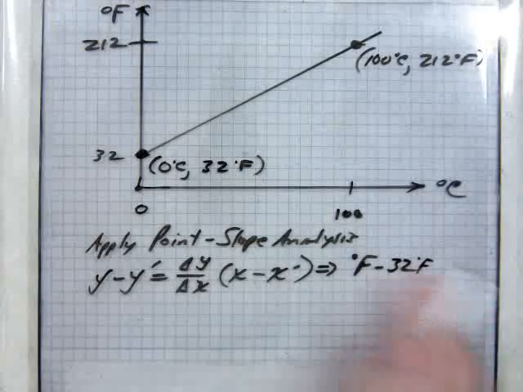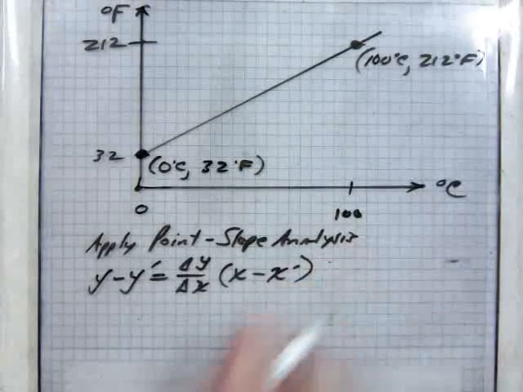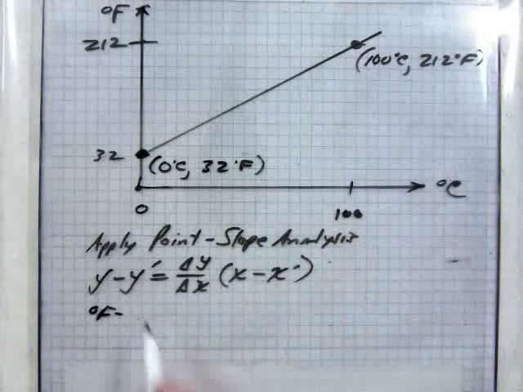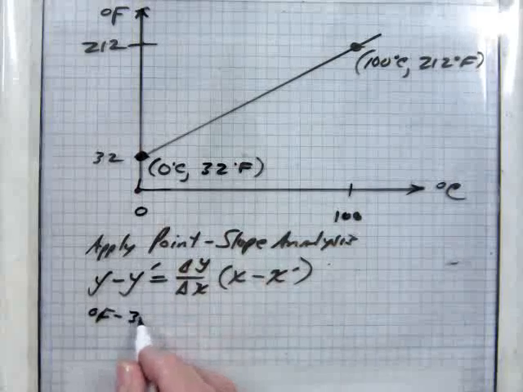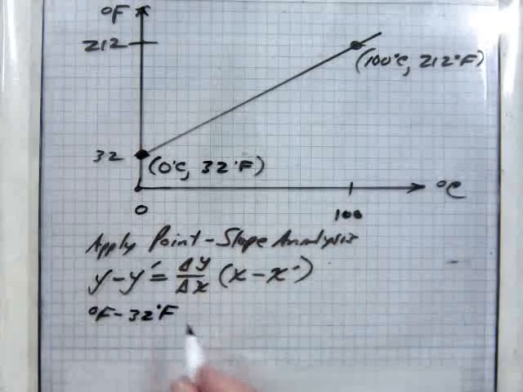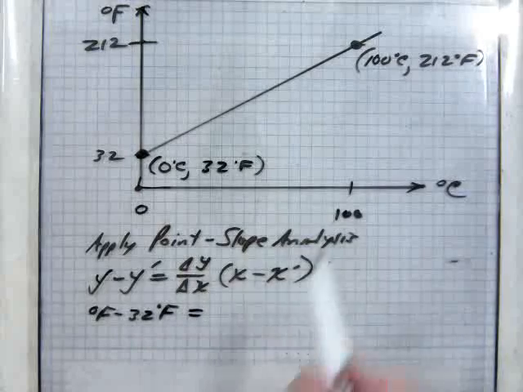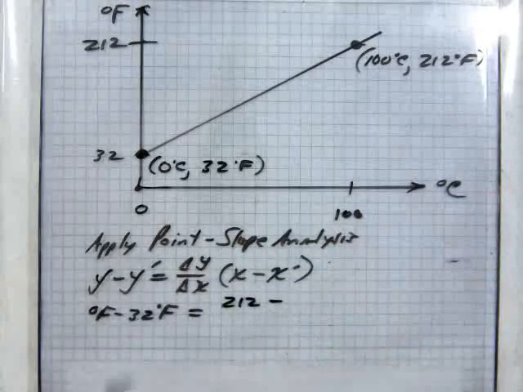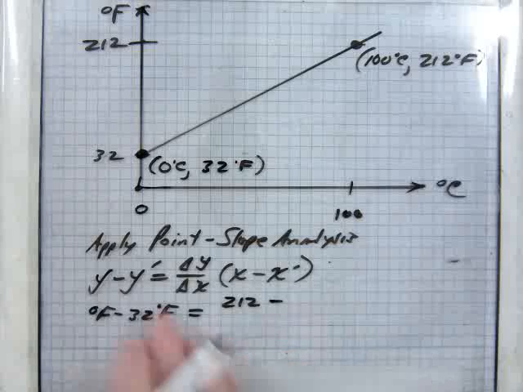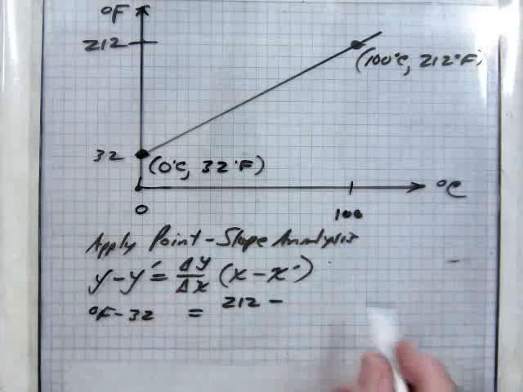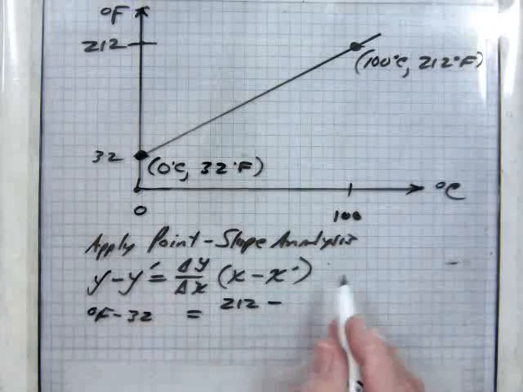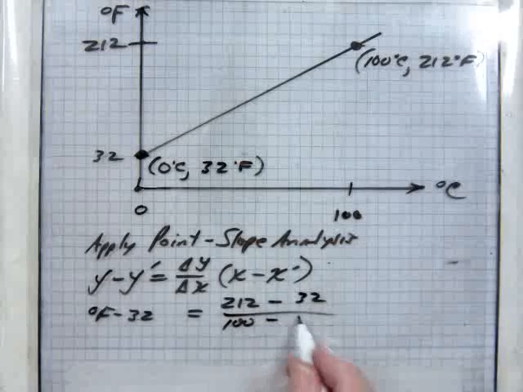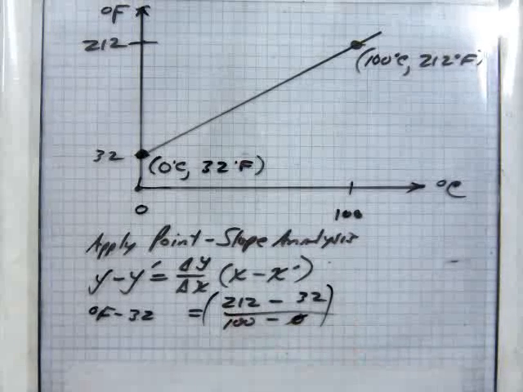Degrees Fahrenheit minus 32 degrees Fahrenheit. Now the slope is change in y, so that'd be 212 minus 32, you don't even have to put the units in, over 100 minus 0, so that's change in y over change in x.